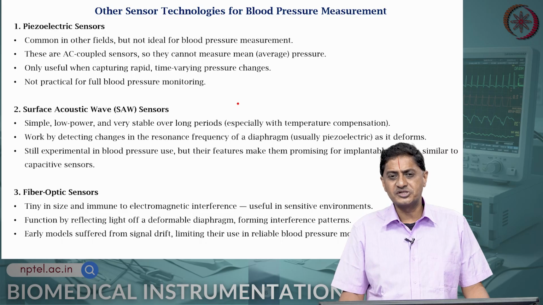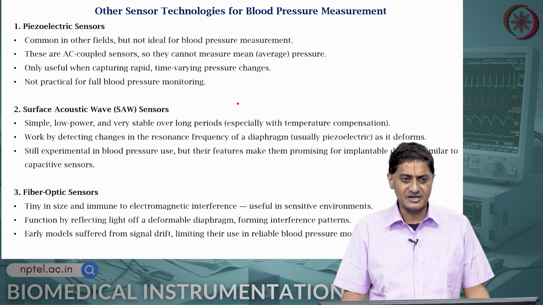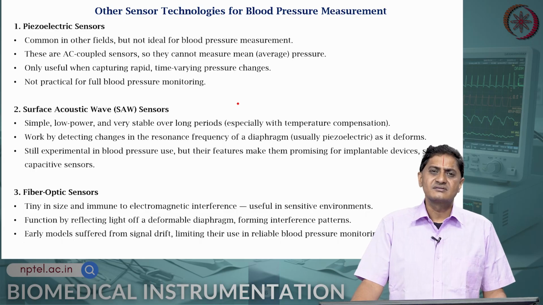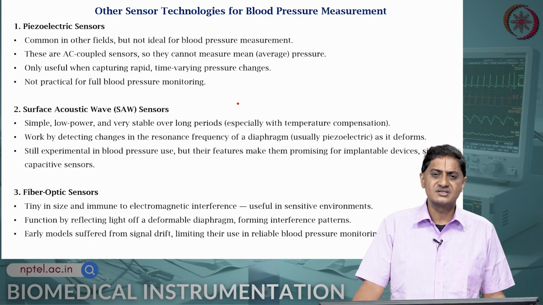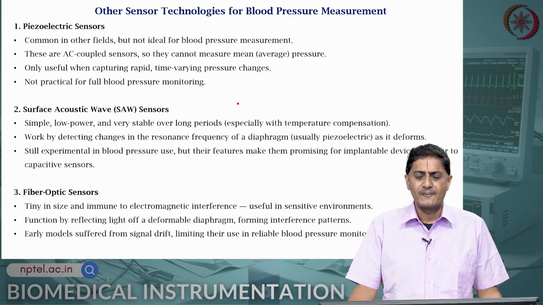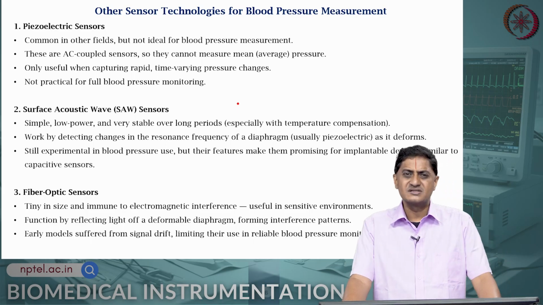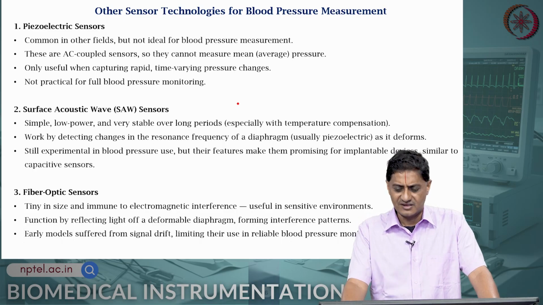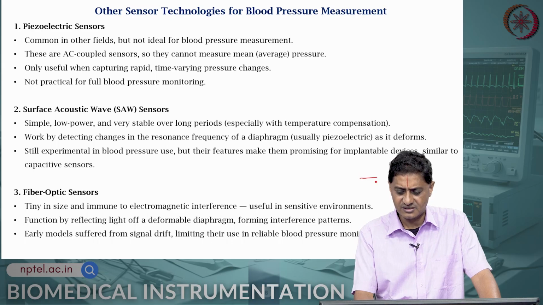So, depending on the pressure, the light changes the interference patterns. And earlier there were challenges with drift, because these sensors have, when there is a constant application, there will be a drift.